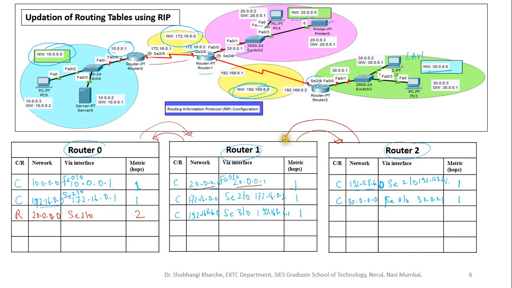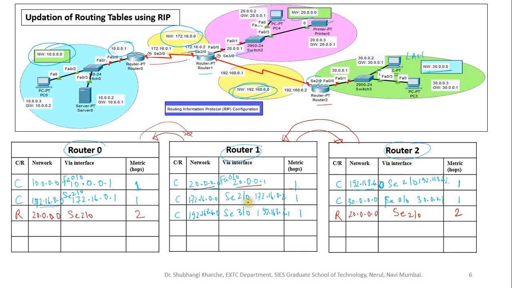Now router 1 will also send the routing table update to router 2. So router 2 will also update its routing table entry. It will learn it using the RIP protocol. Router 2 will understand that it can also reach the 20 dot network via the serial interface 2/0 with a hop count of 2.